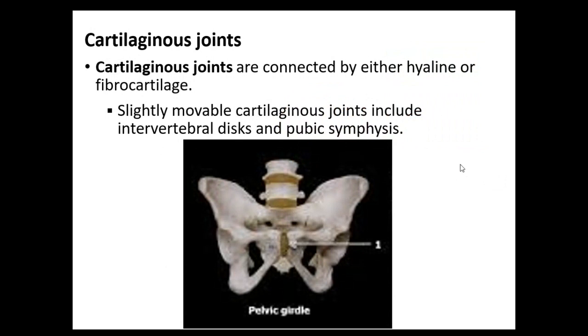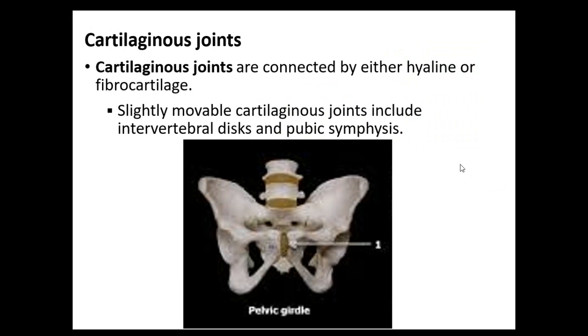Cartilaginous joints. Obviously, they're joints held together by cartilage. An example is the pubic symphysis, this thin quarter-inch thick pad of cartilage between the left and right hip bones, where they're connected to each other. That's only slightly movable, and it becomes more flexible during pregnancy.